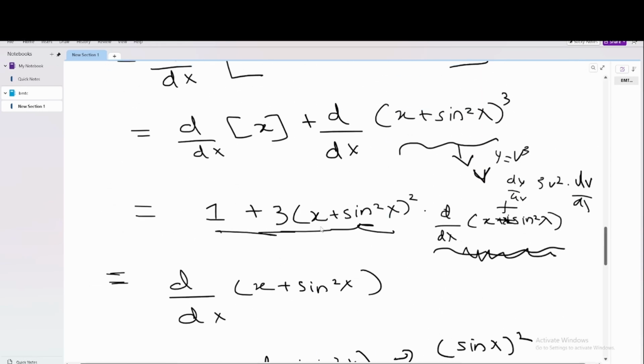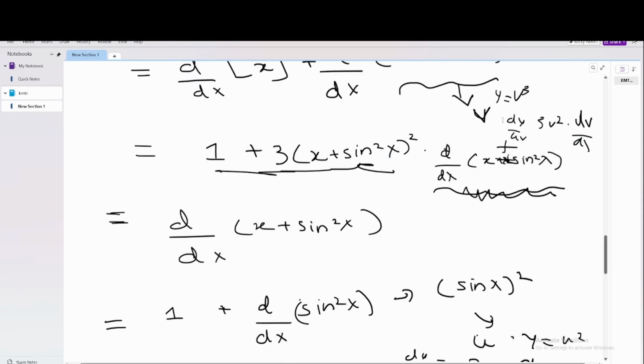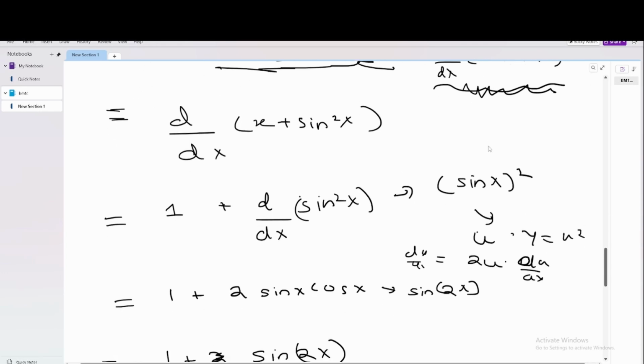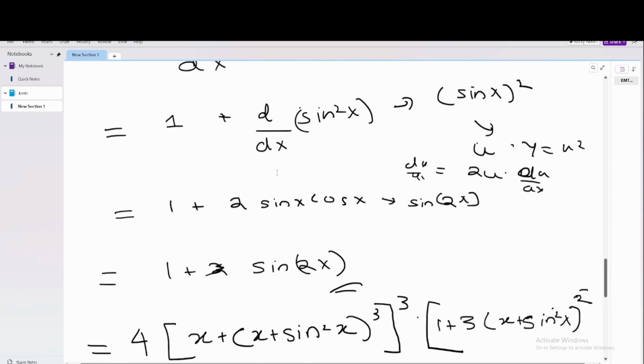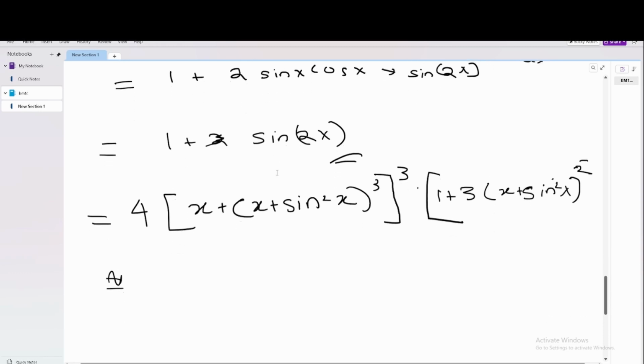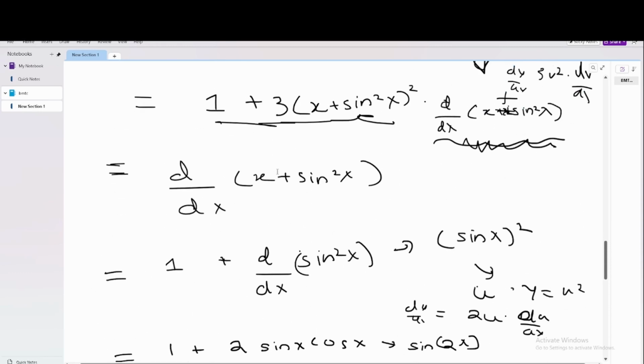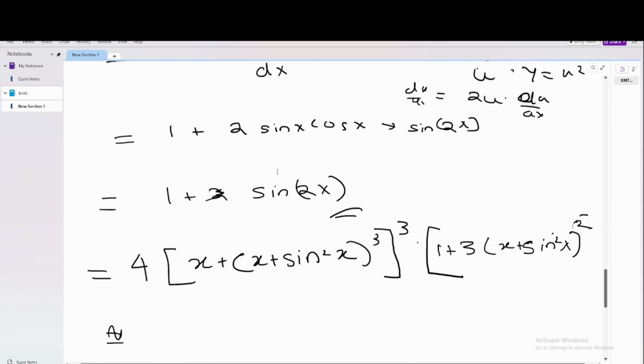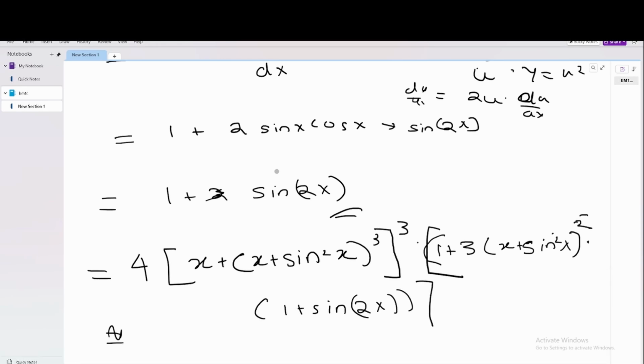Into dy by dx of this term, that is into 1 plus sin 2x, into 1 plus sin 2x, the whole bracket.